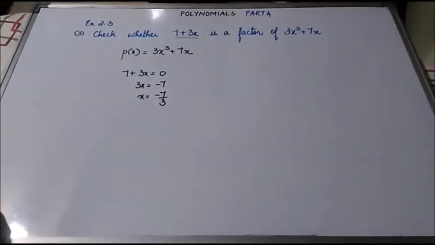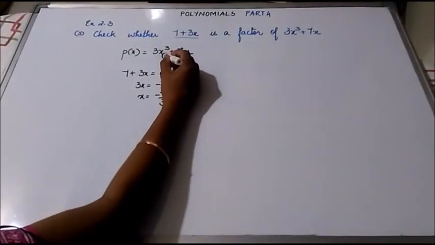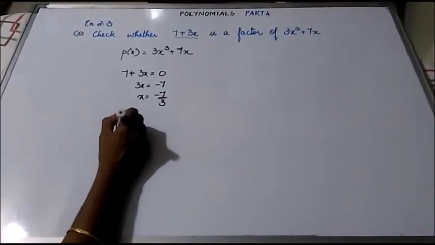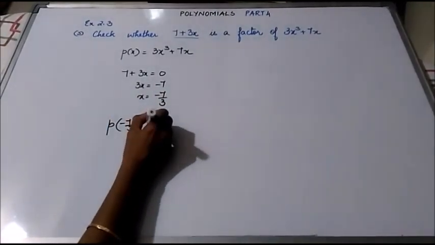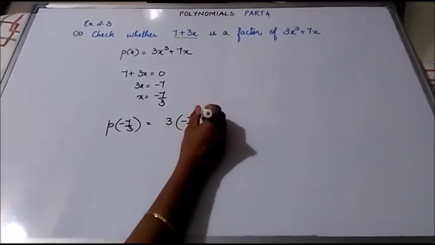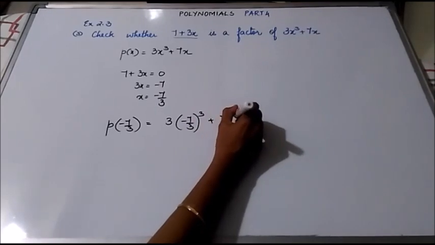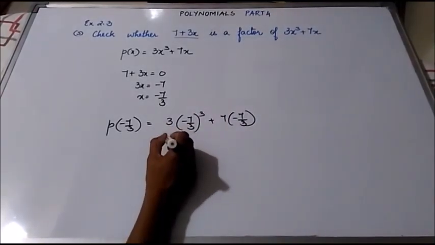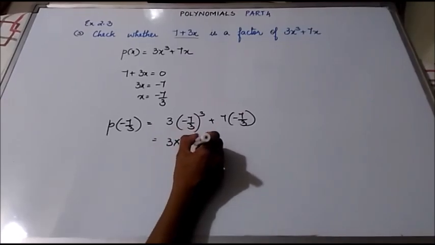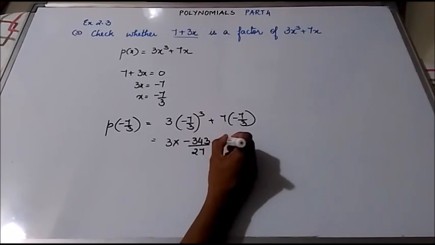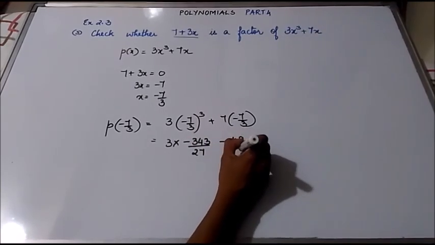Now the next step is, in the given polynomial, in place of x, we are supposed to write minus 7 by 3. So we get here 3 into minus 7 by 3 the whole cube, plus 7 into minus 7 by 3. This will give us 3 into minus 343 divided by 27, and this will give us minus 49 by 3.